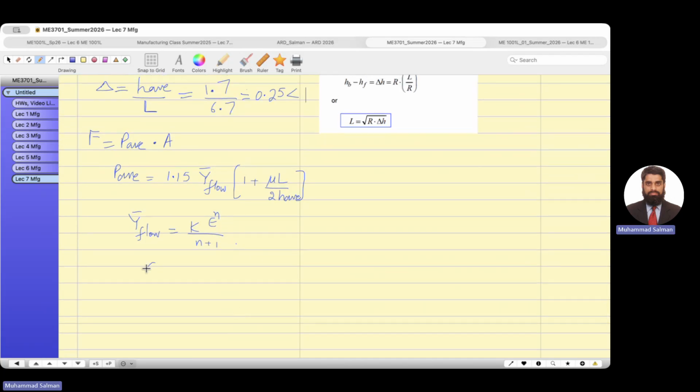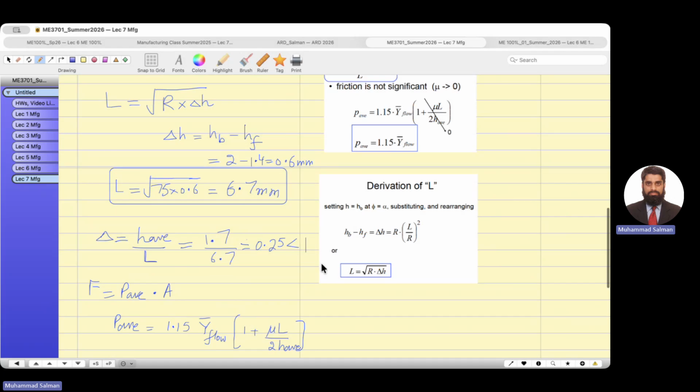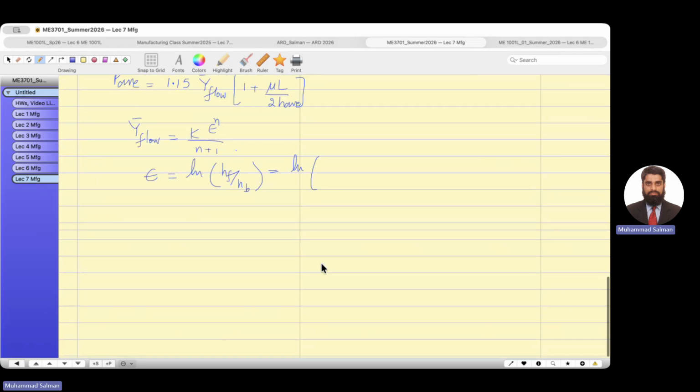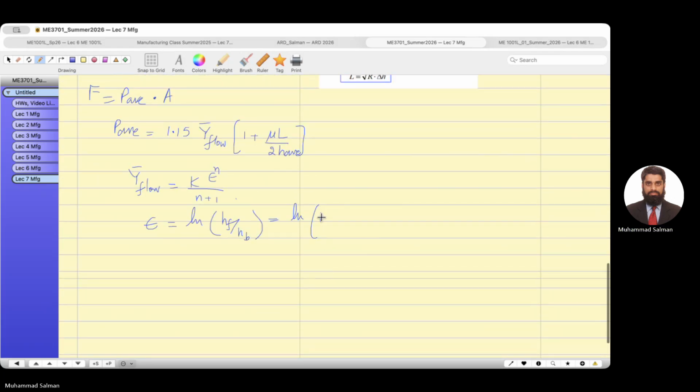What is epsilon? Strain, ln of final thickness over initial thickness. Final thickness is how much? 1.4. Initial is 2. What do you get? Do you get 0.36?